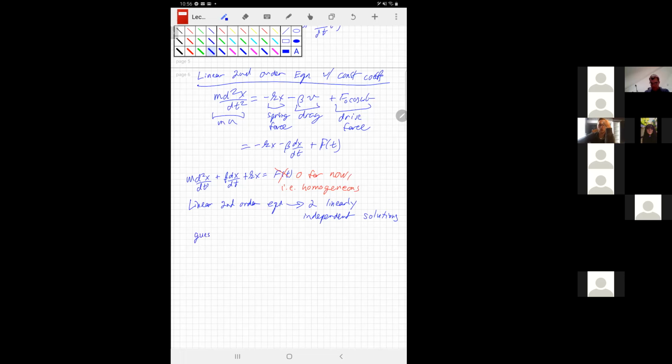So let's guess. We guess that x of t is e to the lambda t. And then we plug it in. The derivative of an exponential is just the exponential, and then we have to use the chain rule to get the derivative of the exponent. So dx/dt is lambda e to the lambda t, and d squared x/dt squared is just going to be lambda squared e to the lambda t.